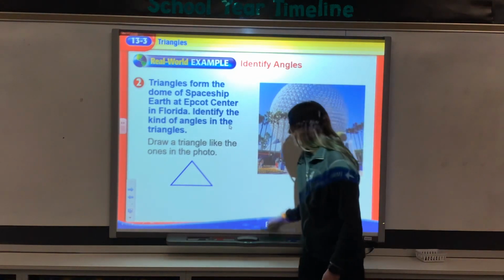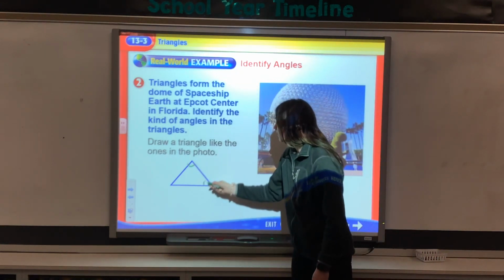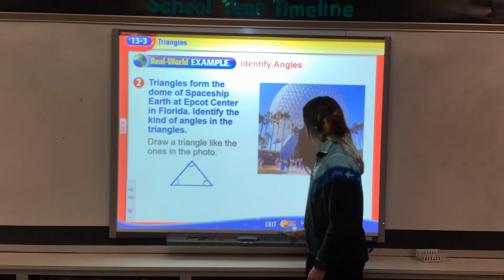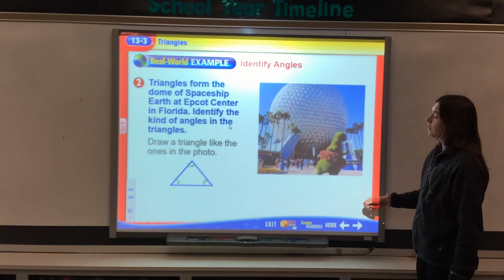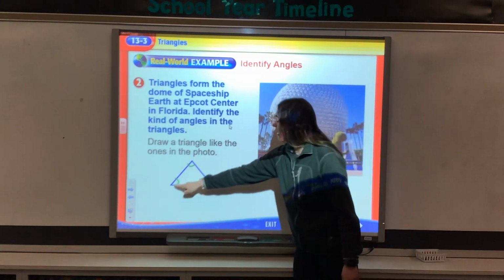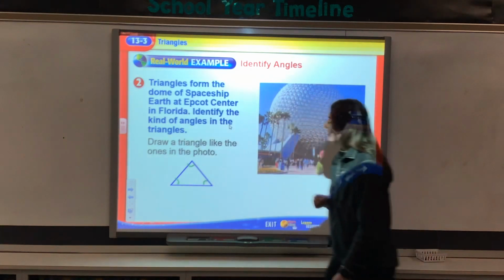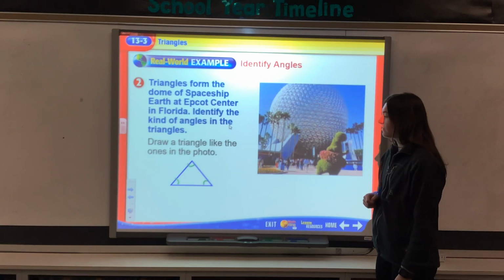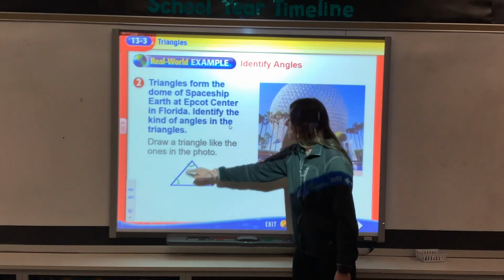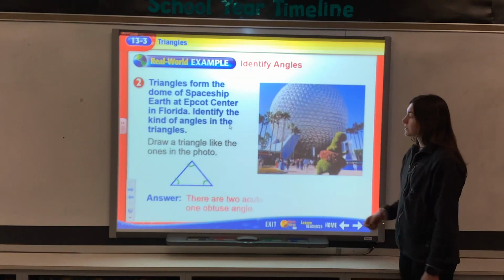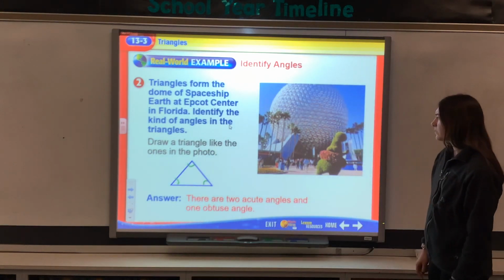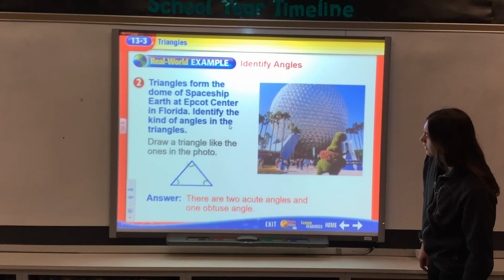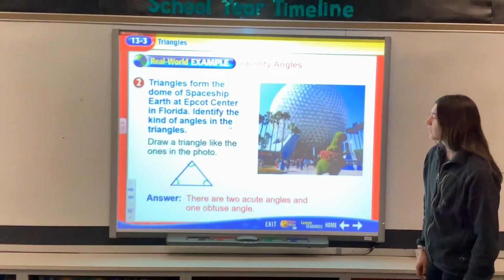So based on our angles here, what would be the kind of triangle? We don't have an angle that is a 90-degree angle. We also do not have any obtuse angles in the triangle. There are two acute angles. I think they have that top angle as obtuse.